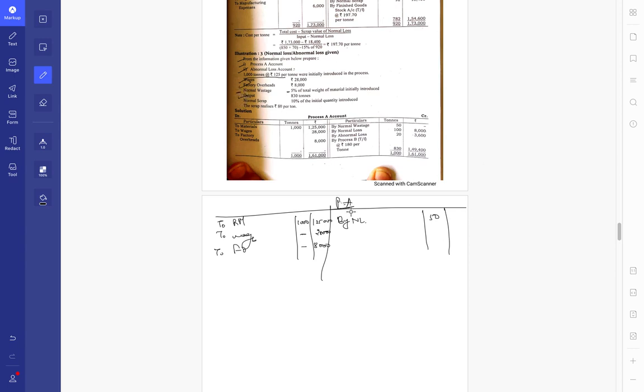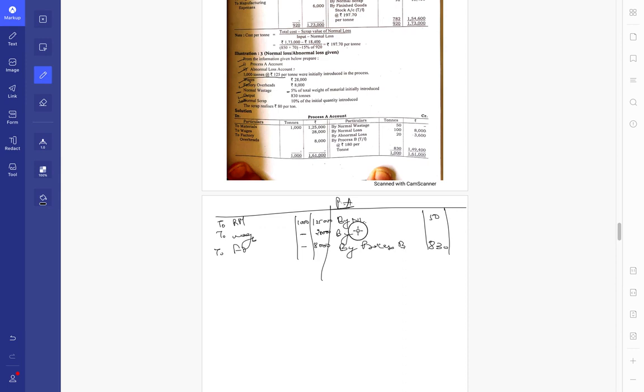We know output is 830 units. So let us write to process B, how much? 830 units. We are not aware of the rate at which we need to take it. So let us hold that thought for a second. Then normal scrap. Alright, normal scrap, 10% of the initial quantity introduced.